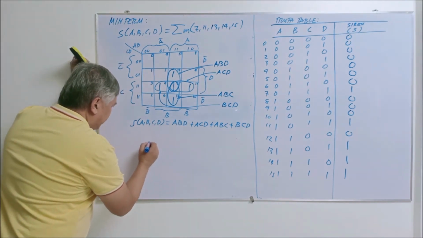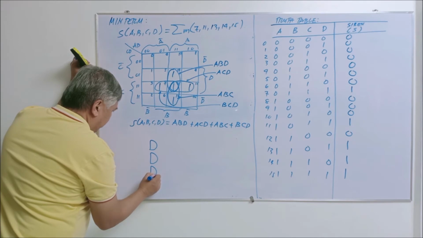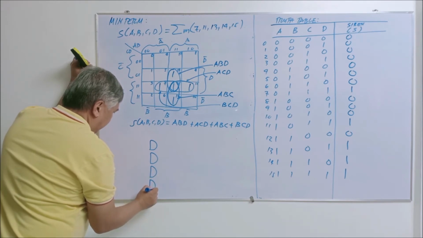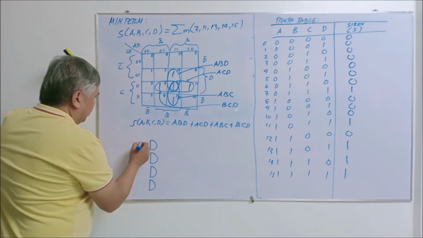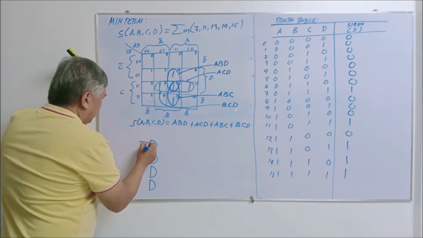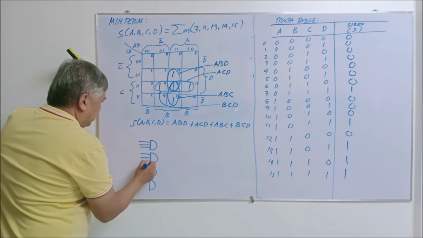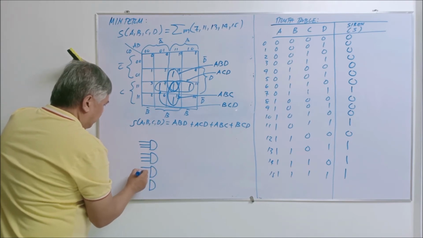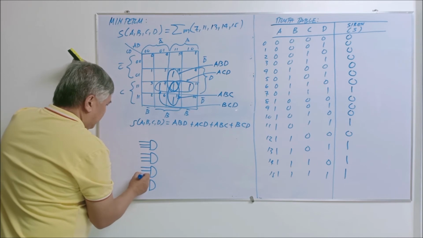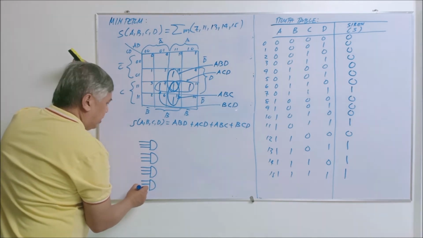So you have A, B, D, A, C, D, A, B, C, and B, C, D.